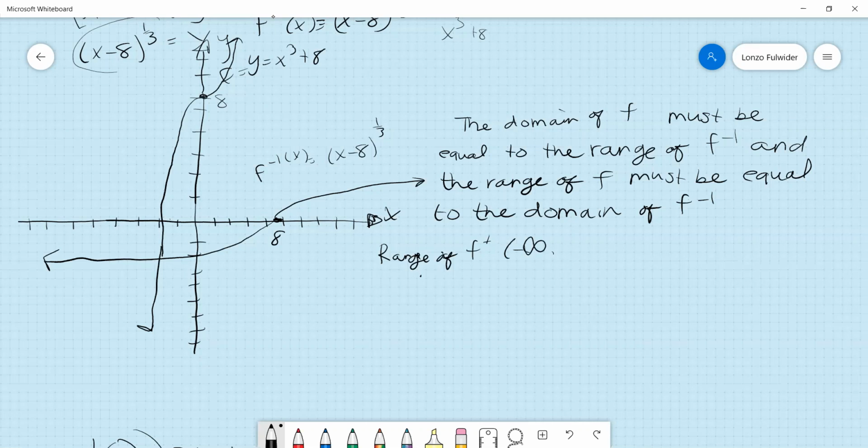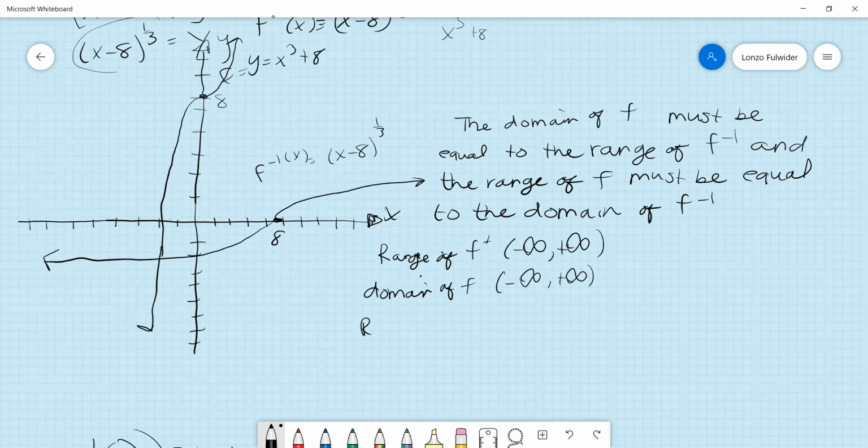So it's negative infinity to positive infinity, right? The domain of f, here's f or y. What is the domain of this graph? Remember, the domain is the x value, so this keeps going down, down, down. This keeps going up, up, up. So the domain of that is also all real numbers.